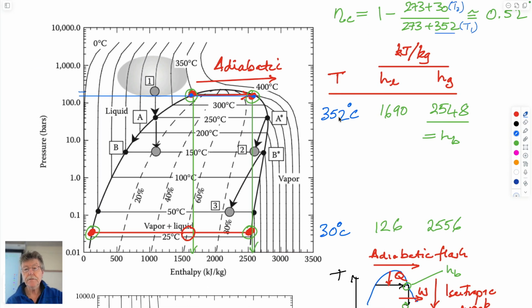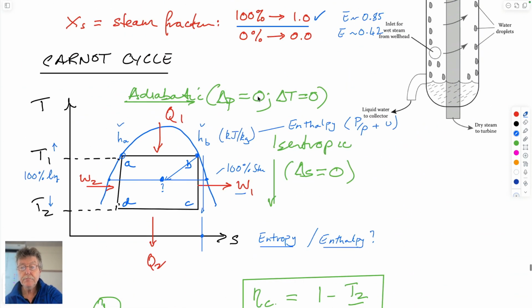So at 352 degrees coming in, the liquid enthalpy would be equal to this value here, which is 1690, I guess. Going across here to steam, this would be 2548, which is these two values here. And so this magnitude here would be HB.